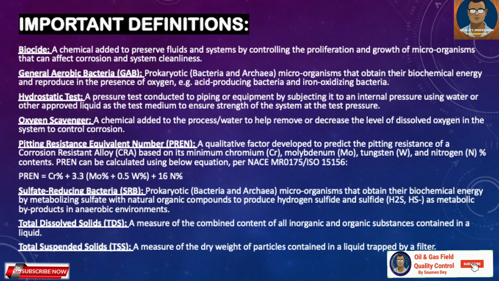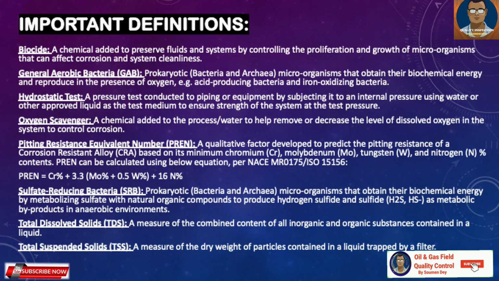Sulfate-reducing bacteria: prokaryotic bacteria or archaea microorganisms that obtain their biochemical energy by metabolizing sulfate with natural organic compounds to produce hydrogen sulfide, H2S and HS, as metabolic byproducts in anaerobic environments. So there are two types of bacteria.